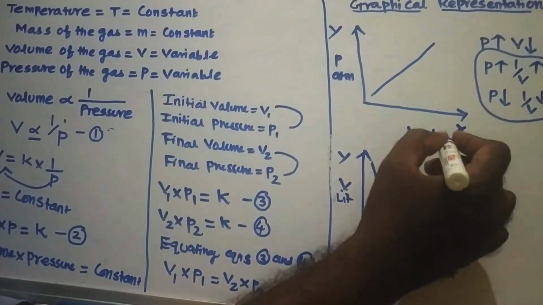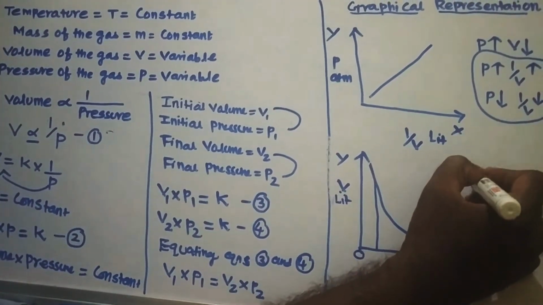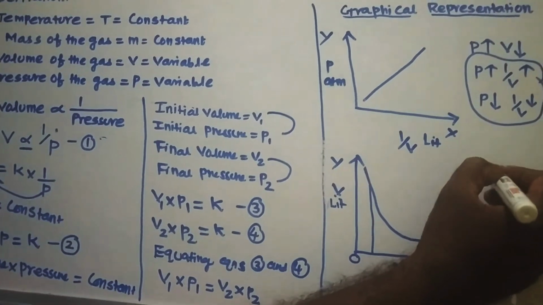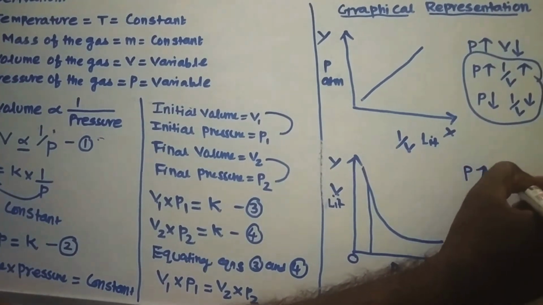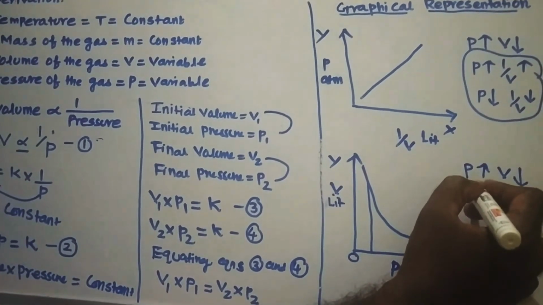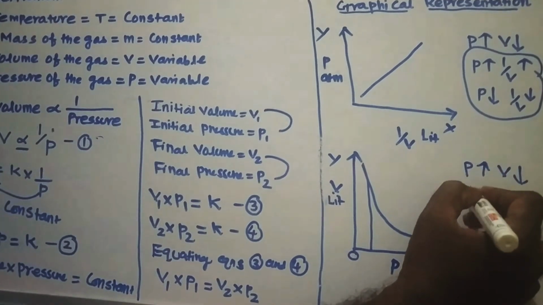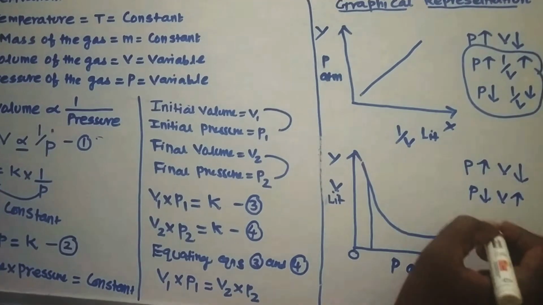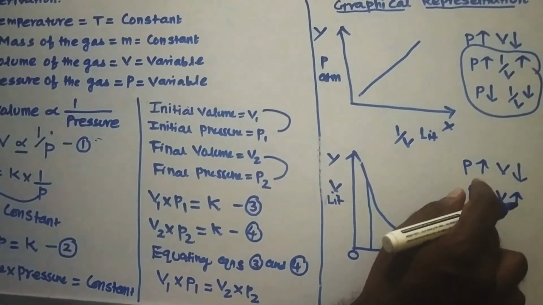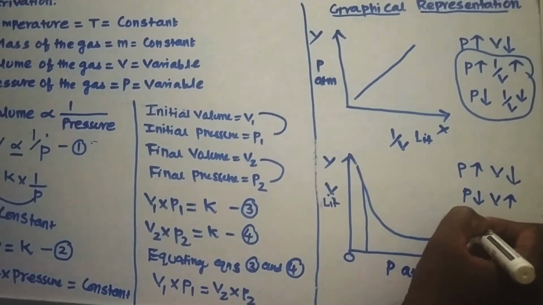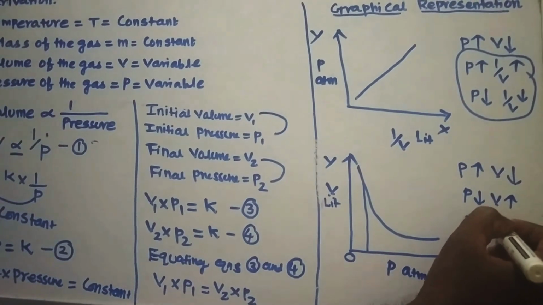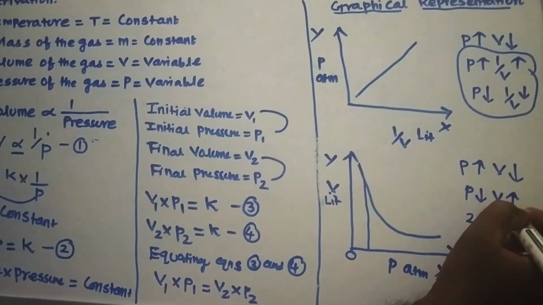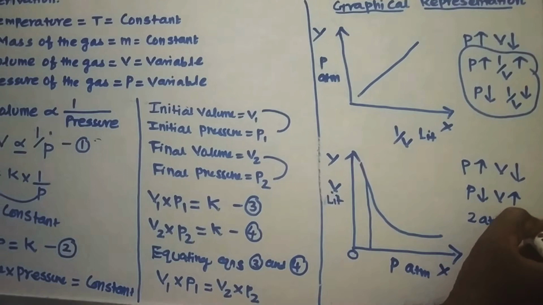As I have already told you, if the pressure increases, volume decreases. If the pressure decreases, volume increases. For example, if pressure is equal to 2 atmosphere, then volume is equal to 1 liter.